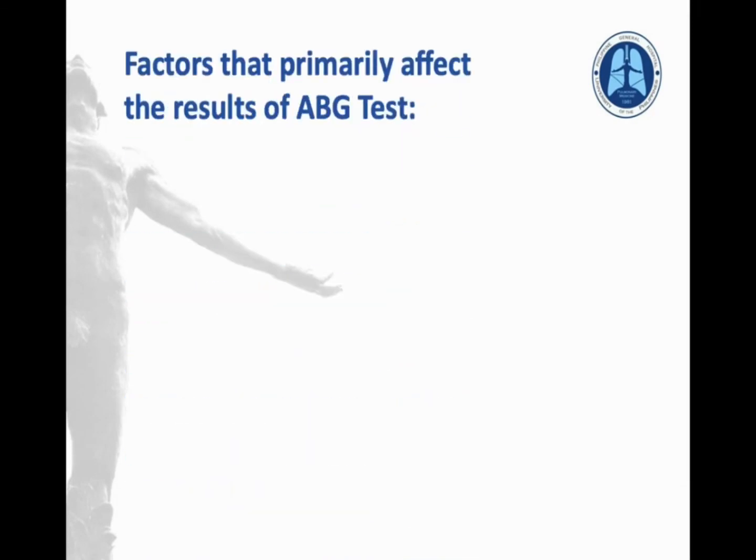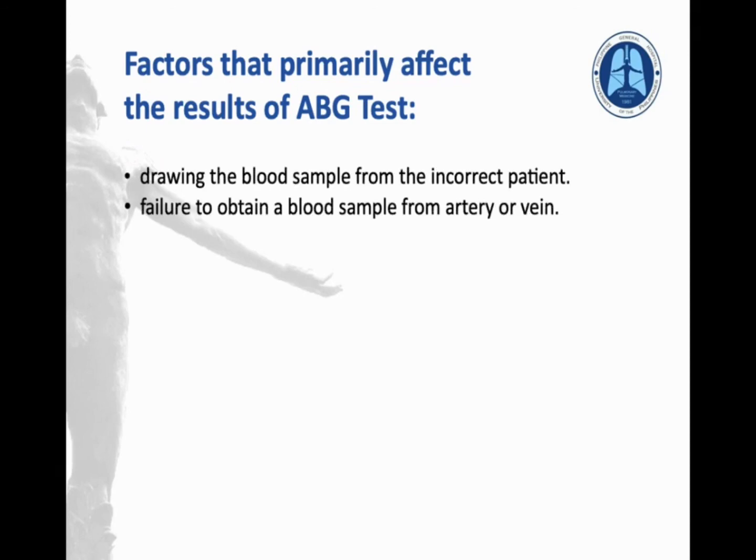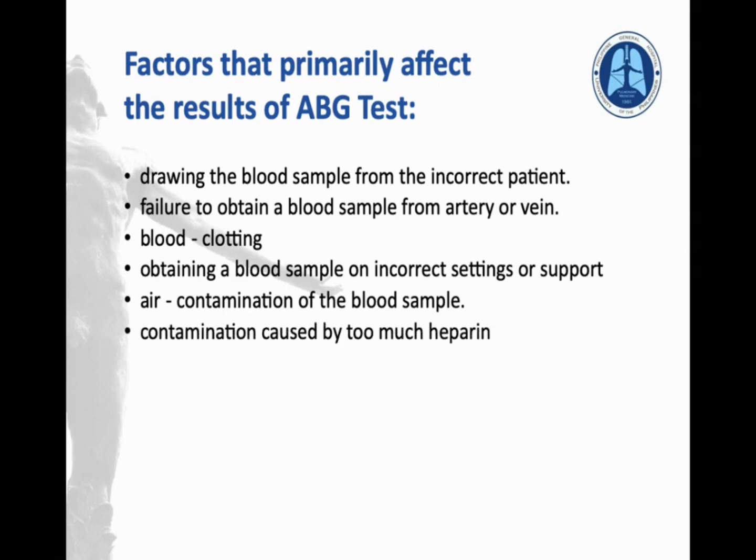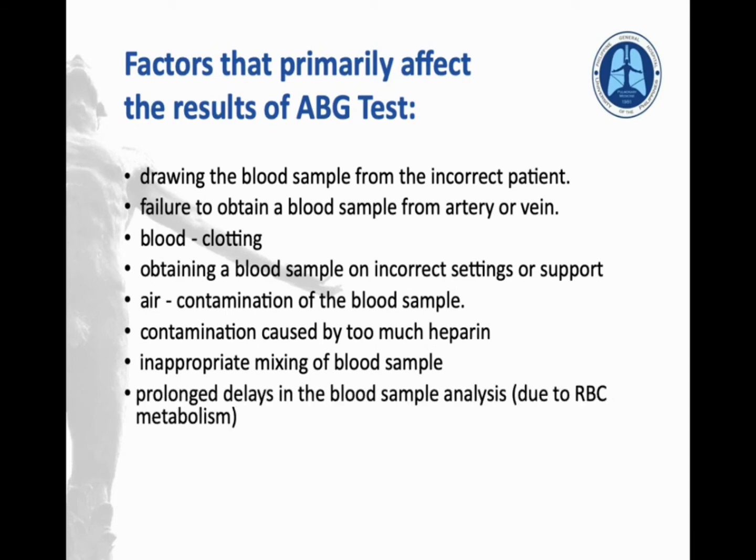Factors that primarily affect the results of the ABG test: drawing the blood sample from the incorrect patient, failure to obtain a blood sample from the artery or vein, blood clotting, obtaining a blood sample on incorrect settings or support, air contamination of the blood sample, contamination caused by too much heparin, inappropriate mixing of the blood sample, and prolonged delays in the blood sample analysis.